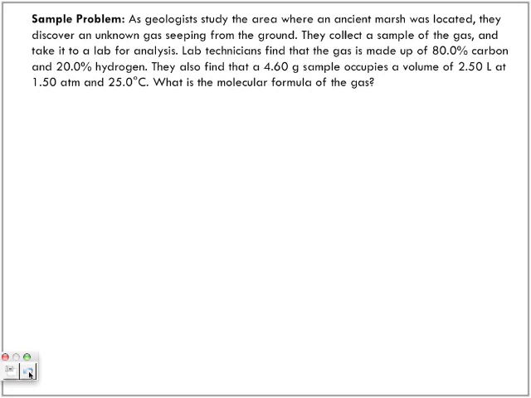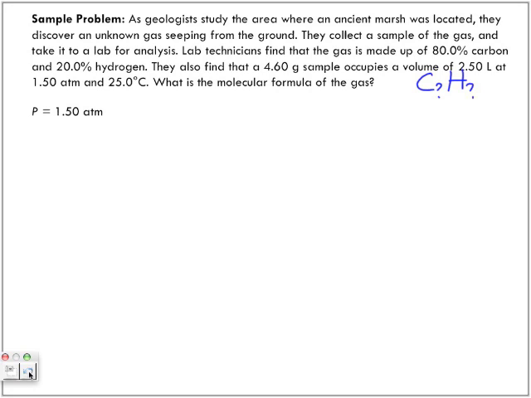So right now, we know that this gas is made up of carbon and hydrogen. We need to find the actual molecular formula. We need to find out what those numbers are going to be. But we know that 80% of it is carbon. The remaining 20% is actually hydrogen. So let's look at some of the givens.